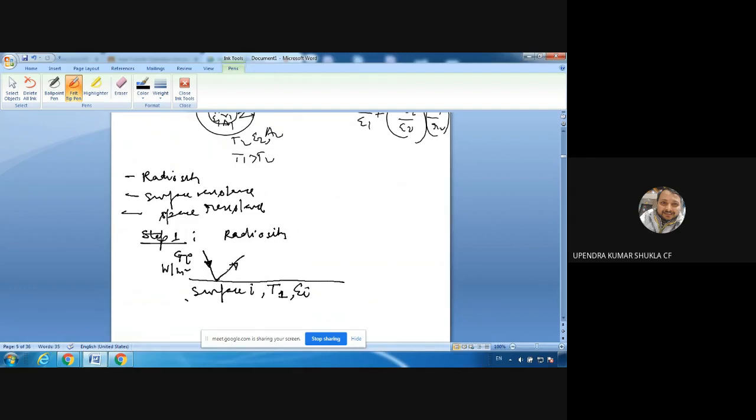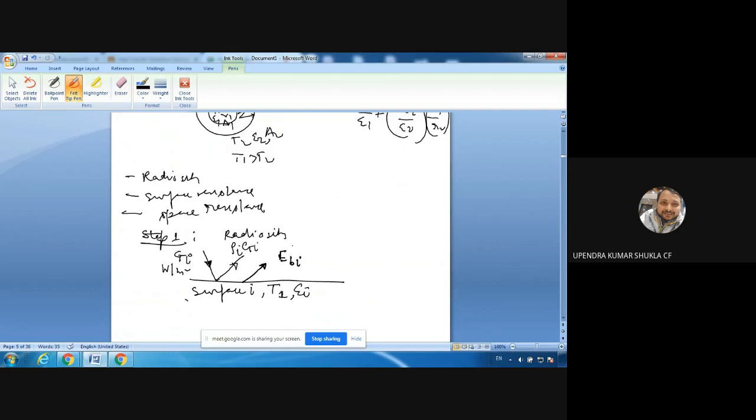Gi is the radiation that is falling, and if you multiply by the reflectivity rho I, you will get the reflected radiation. Now due to its surface temperature T1 itself, there will be some emission. Had it been a black body, its emissive power would be Ebi.